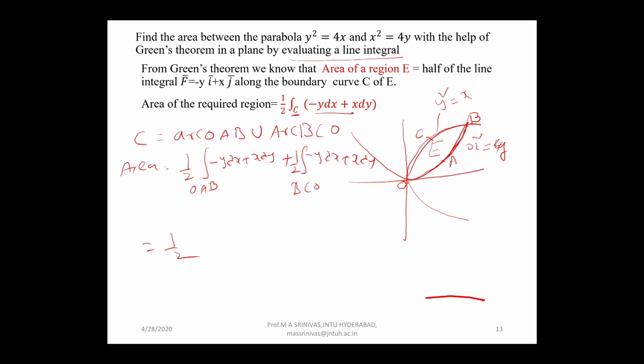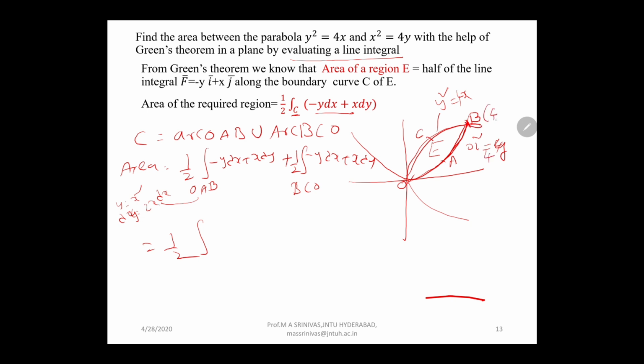Half of along OAB. What is this equation? Y is equal to x square along this OAB. Then what is your dy? dy is 2x dx. So everything I am converting in terms of x. X varies from 0 to, what is the point of intersection here? y square is equal to 4x and x square is equal to 4y, these are the curves we have.